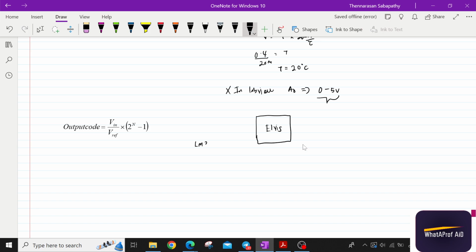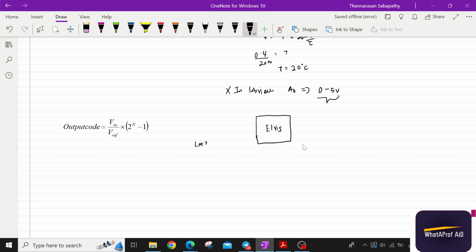Then you connect to the pin A0. Then in your computer, in LabVIEW, when you read the A0 using the DAQ assistant, it is capable of reading the value from 0 to 5 volts.